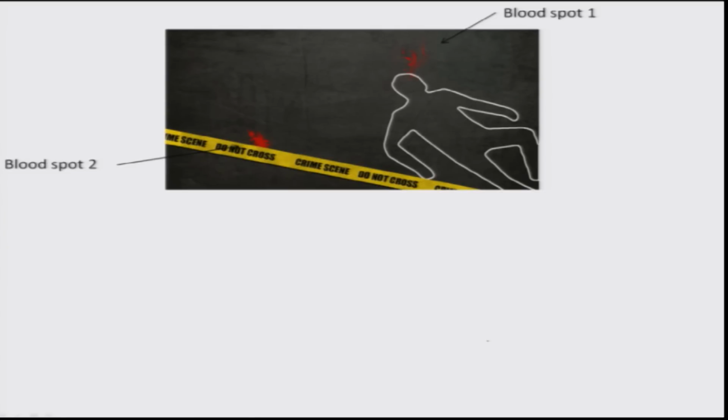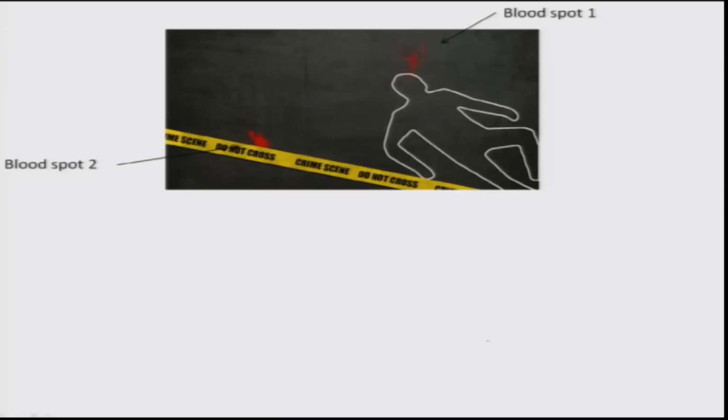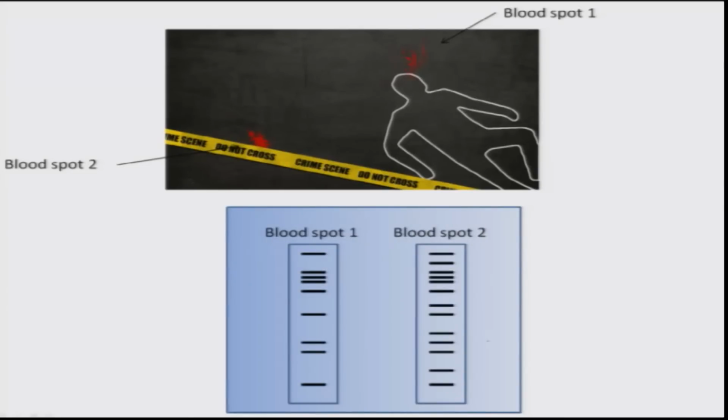We call these blood spot 1 and blood spot 2, and the aim is to see whose blood this is, and whether the blood helps us tell anything about the suspect who killed this man. The first step is to type the DNA profile, like I just told you in the previous slide, the fingerprint of these 2 blood spots.